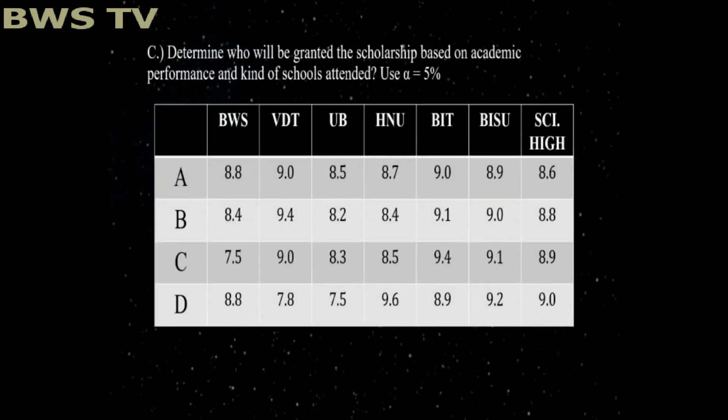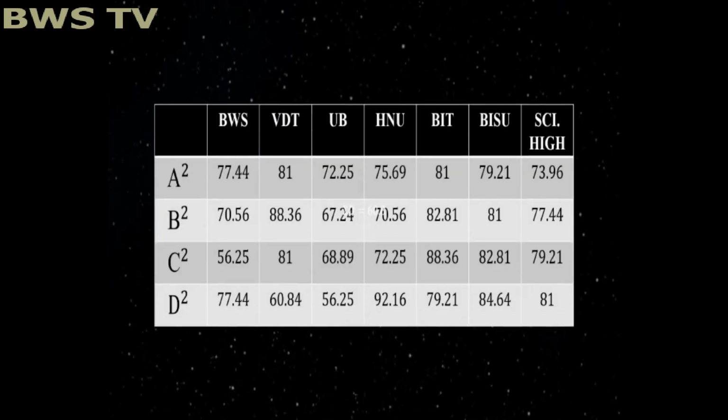Here we have the third example, which is to determine who will be granted the scholarship based on academic performances and kind of schools attended. Use the 5% alpha. On the table, we have the list of schools, and the first thing we need to do is to square each and every variable. And here we have the squares of each variable.